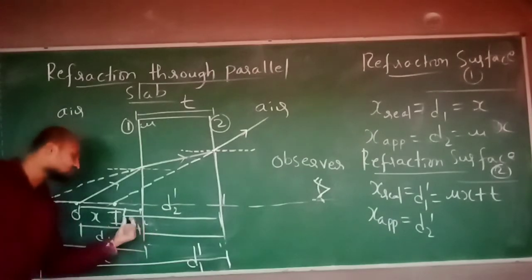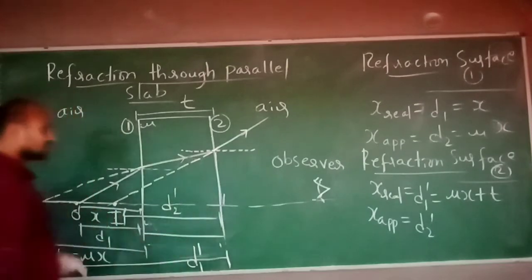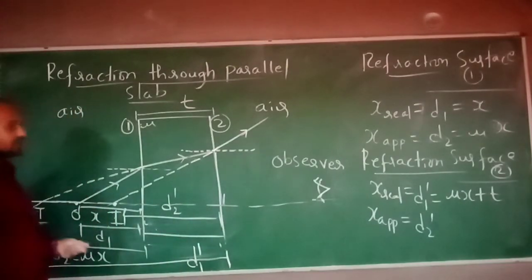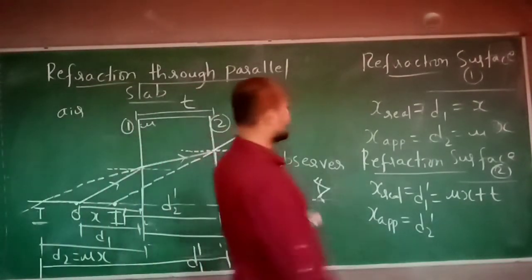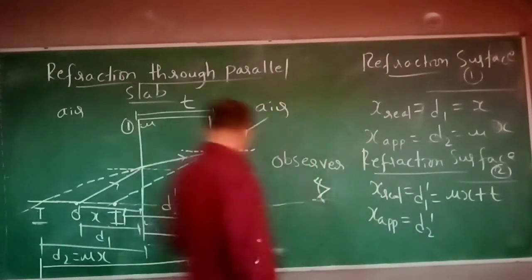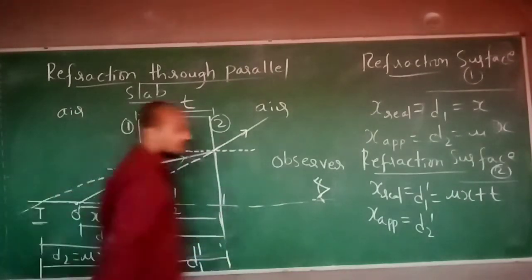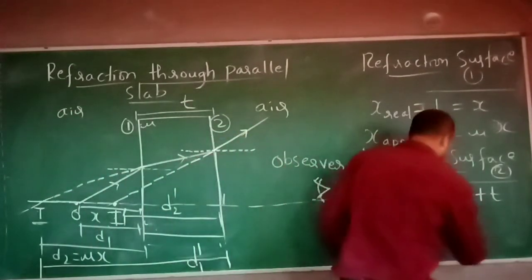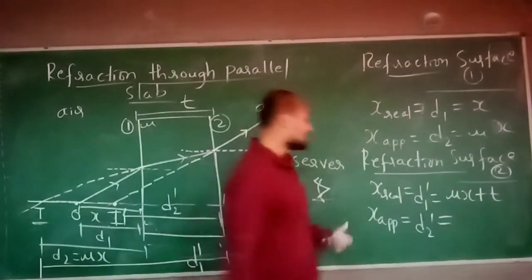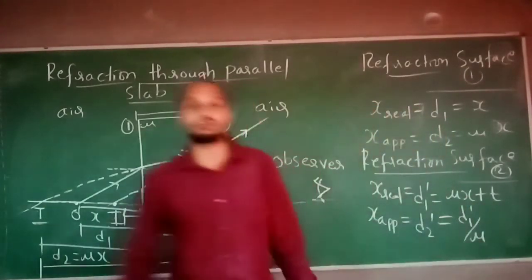D2 dash is the distance of I dash to the second surface. We know that here the apparent depth is small and the real depth is large. So the apparent depth D2 dash will be equal to D1 dash divided by mu. This we have already studied about shifts.